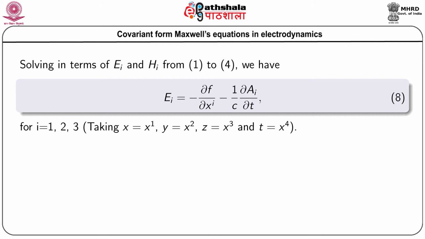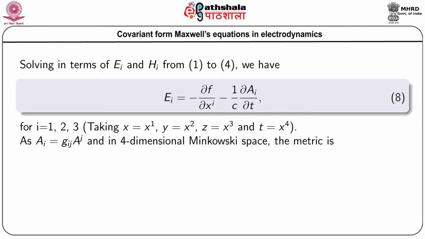That means, we have taken x as x1, y as x2 and z as x3 and t as x4. So, in the equation we have just kept the t as it is, and the first expression, that is del f del x^i. So, del x1, del x2, del x3 will be there. So, E_i has this expression.